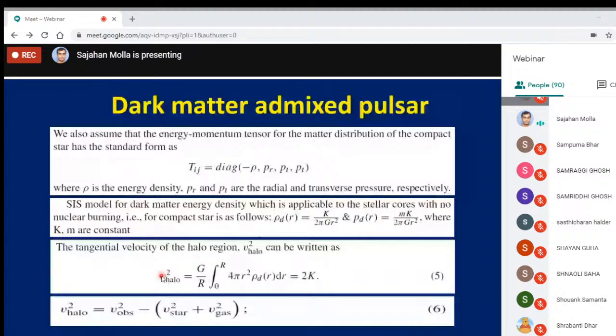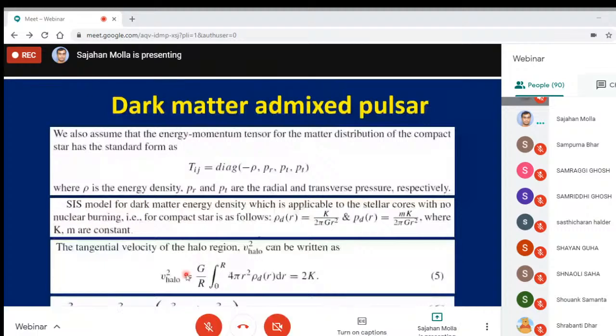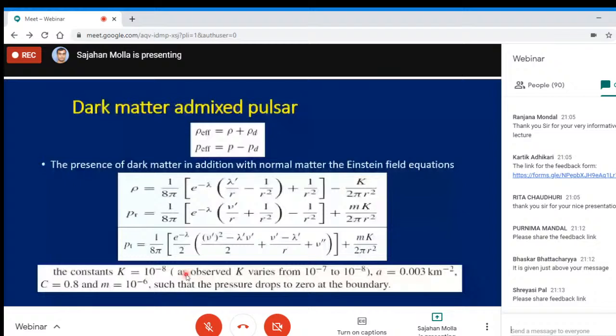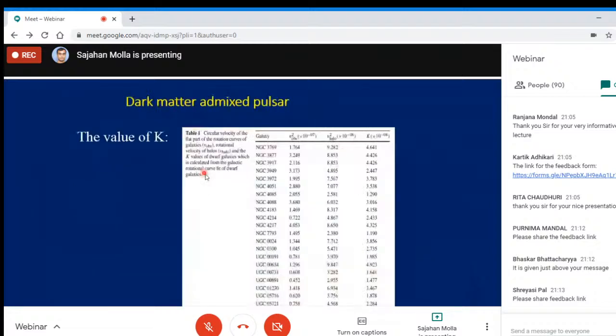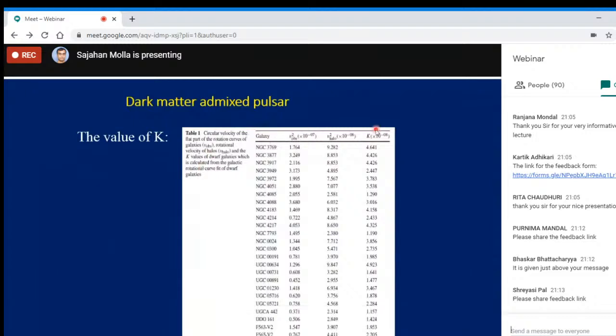And this velocity we have taken in our study from what is already reported by observational data, shown in table 1, where K is the velocity dispersion value. This value we have taken in our calculation, and this K is put in the field equation in this form.